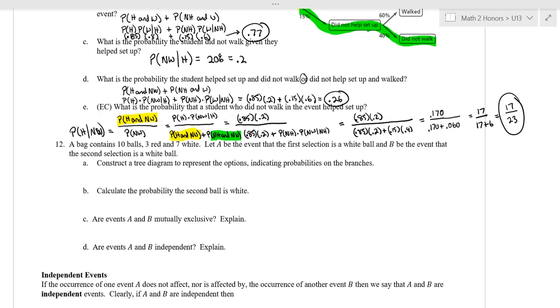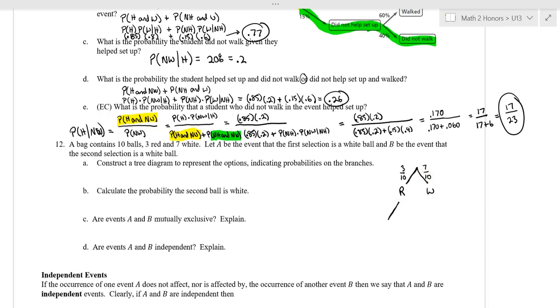Okay, so I'm going to draw my tree diagram like this. So I'm going to select my first ball, and it could be red or it could be white. And there's 10 balls, and at the first one, the probability that I get red would be 3 out of 10. The probability of getting white would be 7 out of 10.